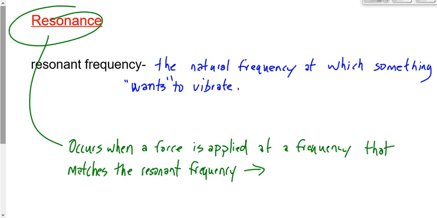Now, what does that do? That causes a disturbance in the object to grow.